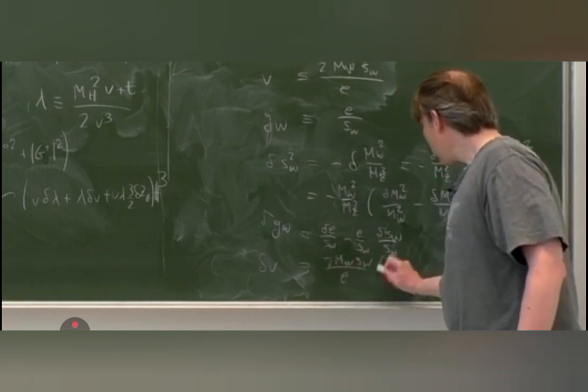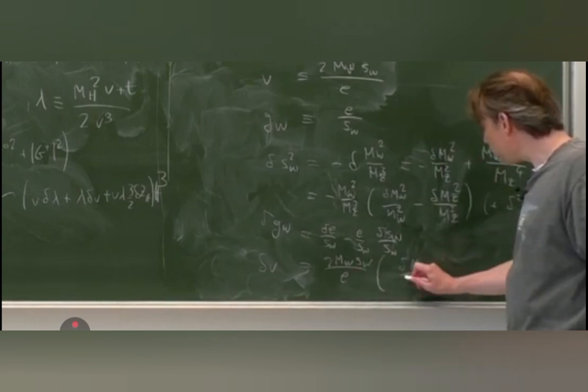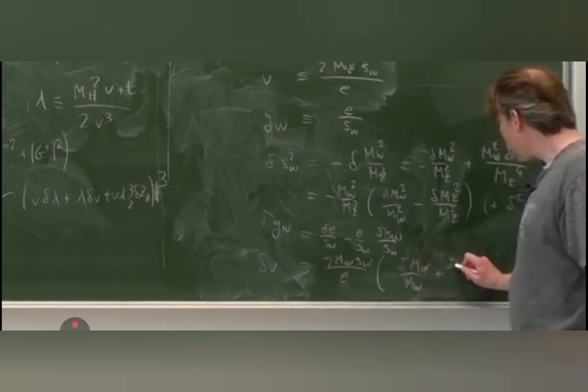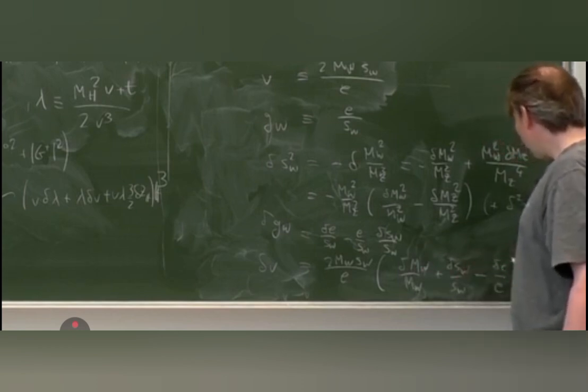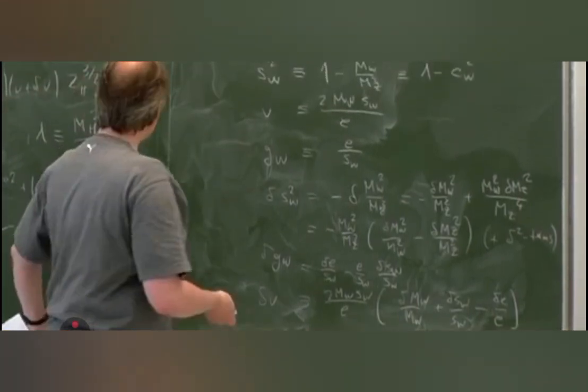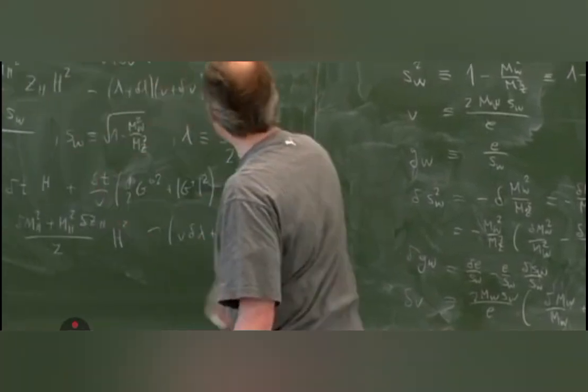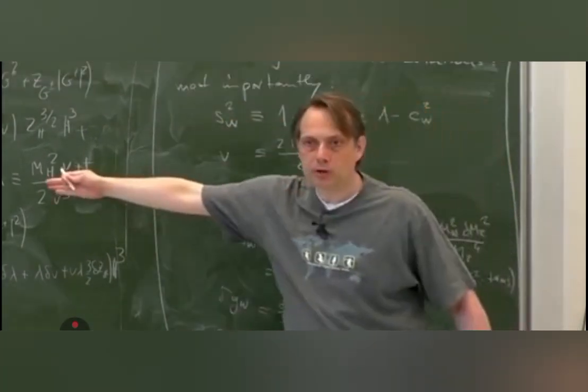And then you do the relative variations of all the quantities, so delta MW over MW plus delta SW divided by SW minus delta E divided by E. That would be a relationship for delta V, and that again is something that can come in useful for abbreviating counter-term Feynman rules, for example, as you see here. And you could go on and do the same for lambda and for other quantities of interest.